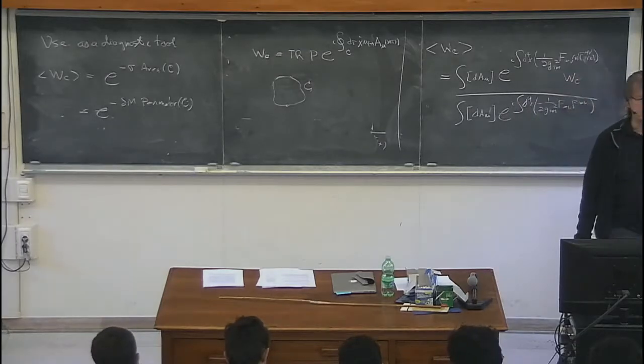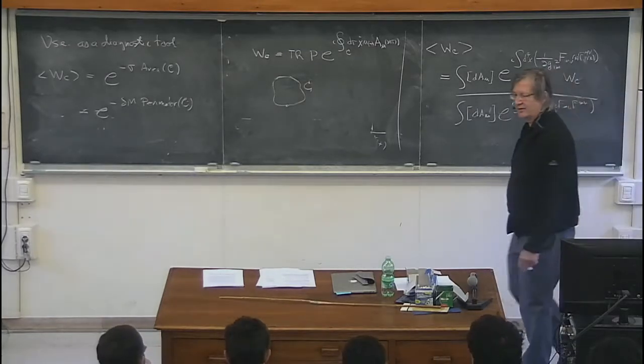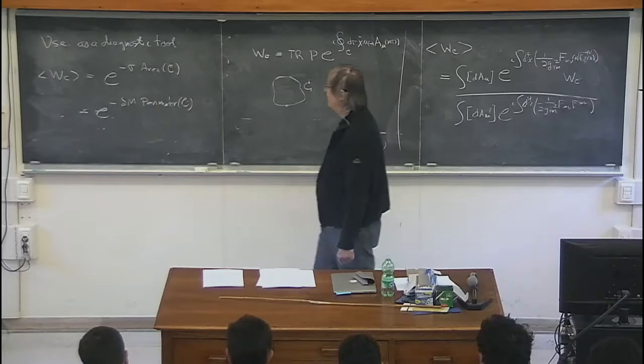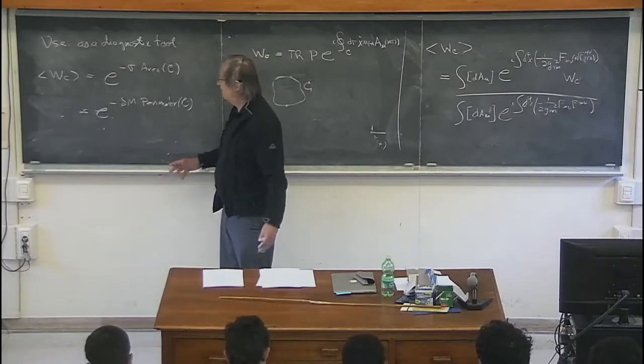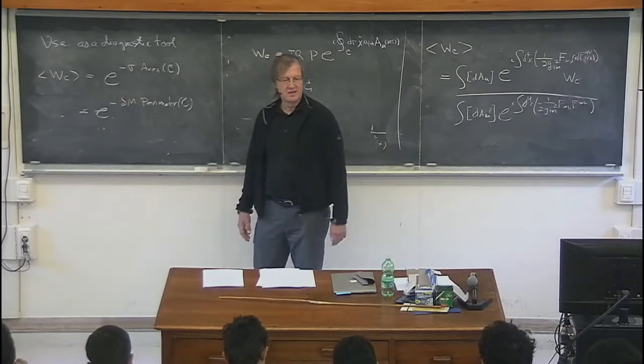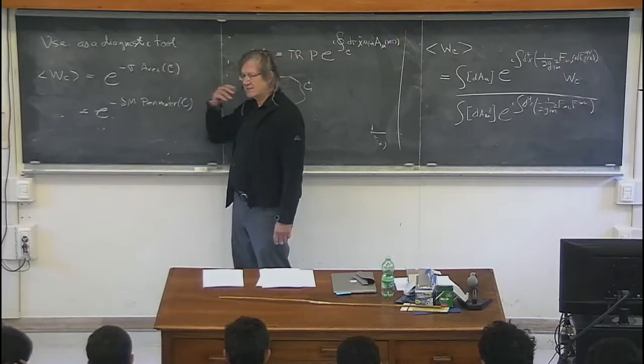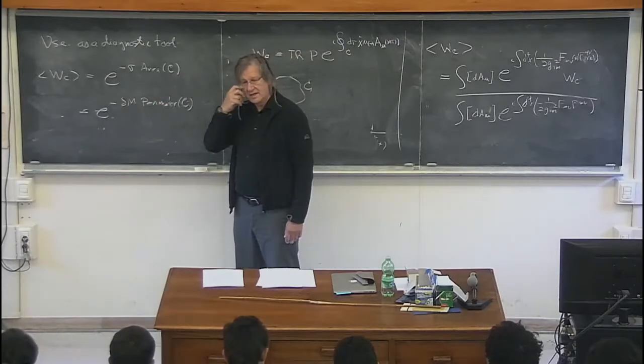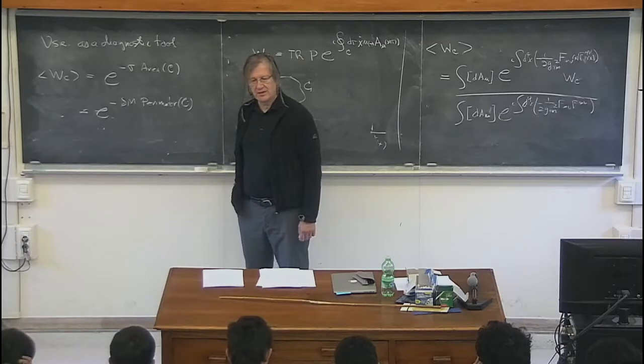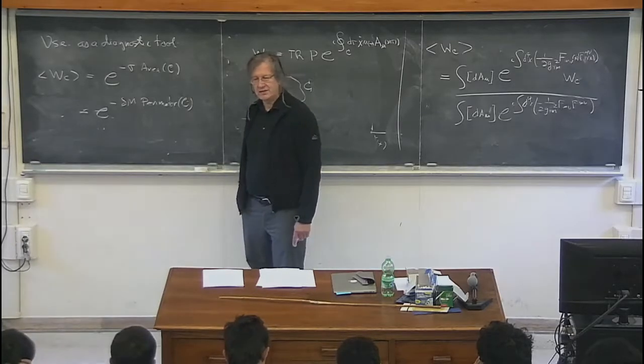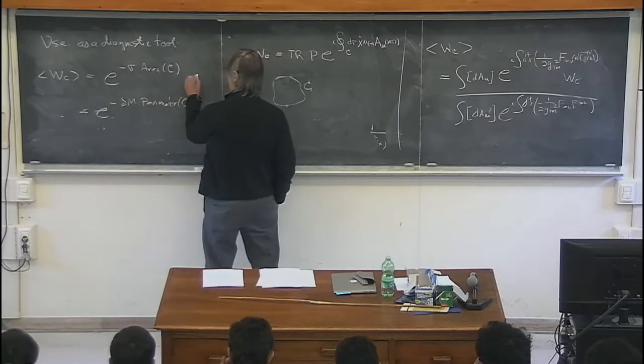So take a nice big curve that's smooth, circle, square, whatever you like, expand it and contract it. How does W of C change? If it changes like the exponential of the area, that's said to tell you something about the nature of the gauge theory. In fact, this is a signal of confinement.